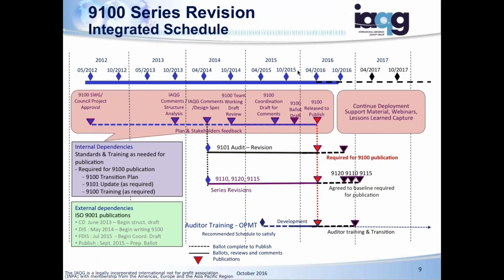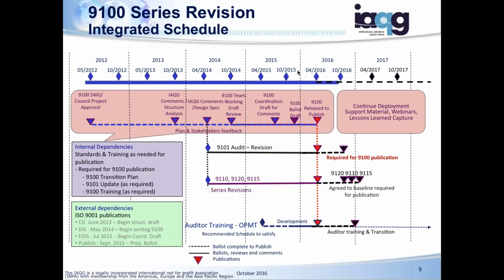This just shows the overall timeline and where we're at today. As I mentioned, we did start back in the 2012 timeframe with approval. This also shows how we worked with the other standards as well as the auditor training to ensure that everything got released approximately at the same time.